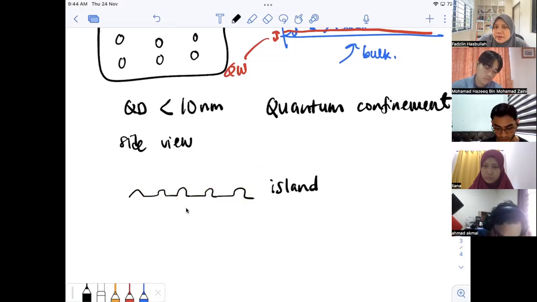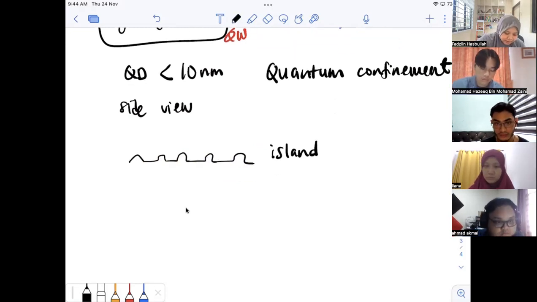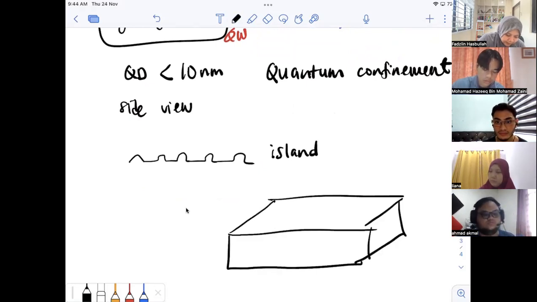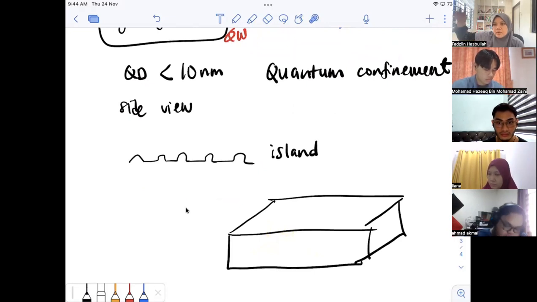So basically what happens is dalam quantum well, the carrier, kalau bulk, saya draw bulk ni 3D. Kalau bulk, the electrons can travel anywhere, semua arah. Okay, bulk, the electron can go anywhere inside the semiconductor.